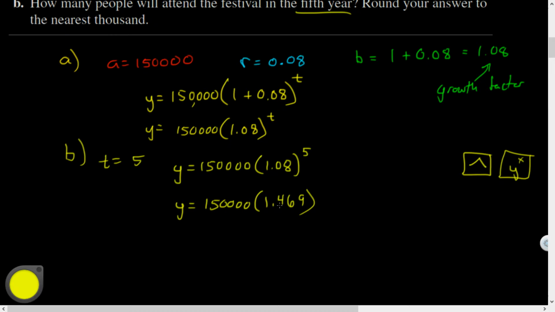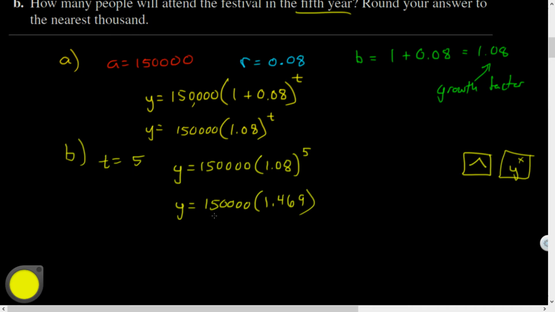That means it grew by 46.9% in 5 years. And now I'm going to multiply those two things. If I just hit multiply, notice it says ANS. That means it's taking your previous answer, and I'm multiplying that by 150,000.